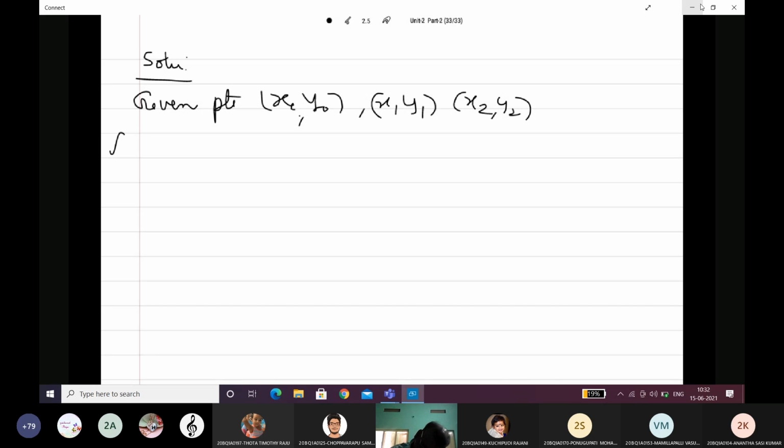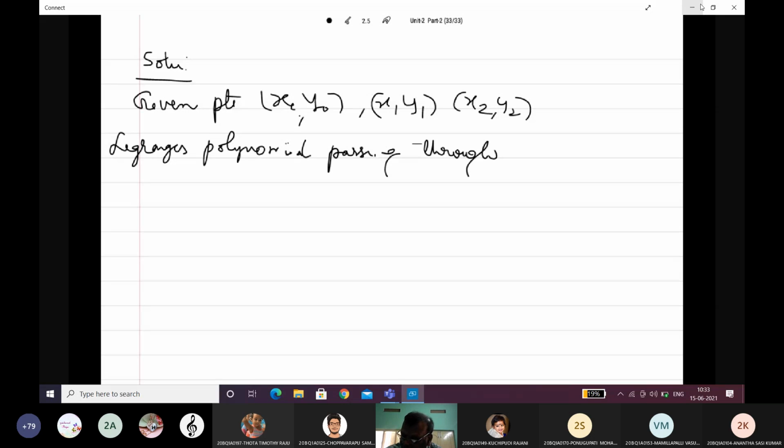Now, Lagrange's polynomial passing through the points.